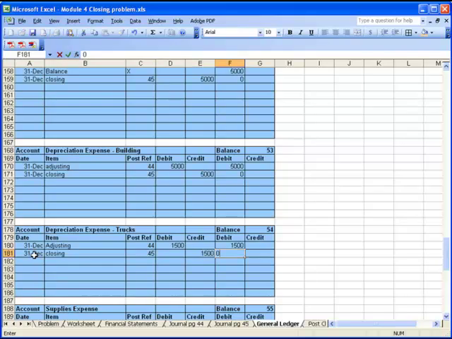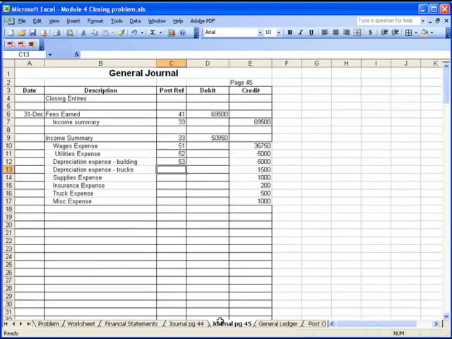Making our balance there 0 as well. Supplies expense.